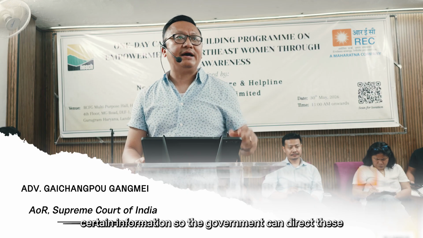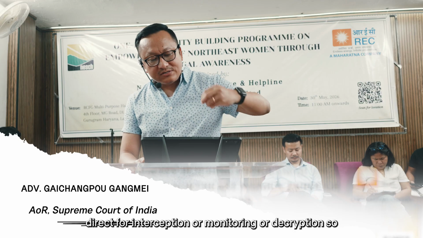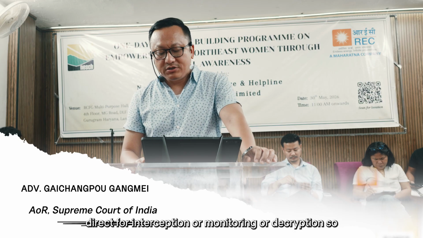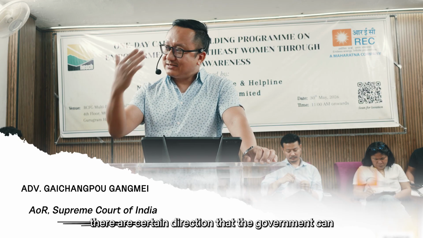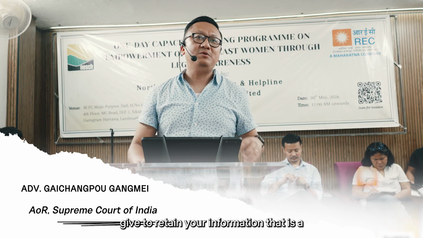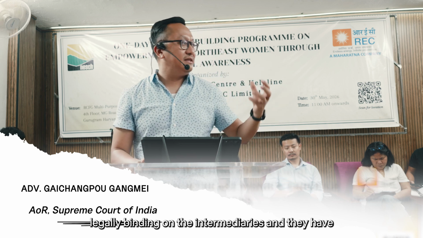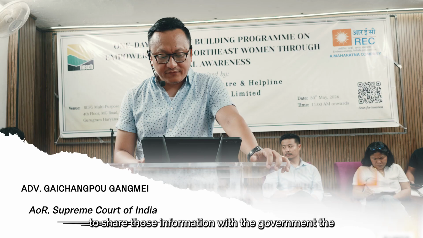So the government can direct these intermediaries to retain certain information. It can also direct for interception or monitoring or decryption. So there are certain directions that the government can give to retain your information, and that is legally binding on the intermediaries, and they have to share that information with the government.